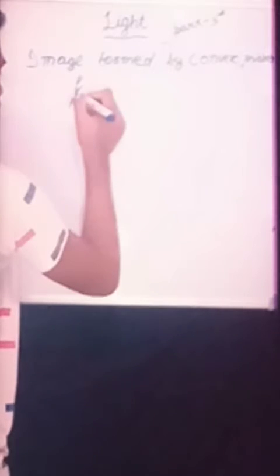Okay, we know this is the pole of the mirror, this is the focus, and this is the center of curvature. We always know that the object is placed on the left side of the mirror.